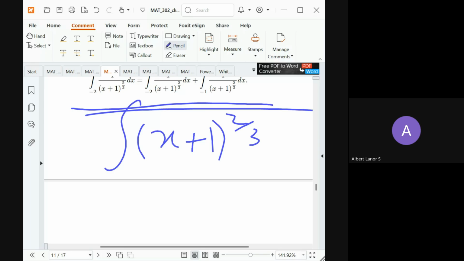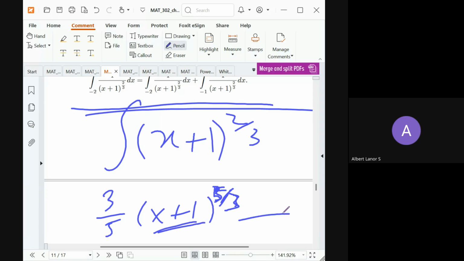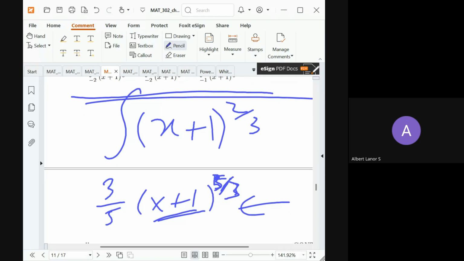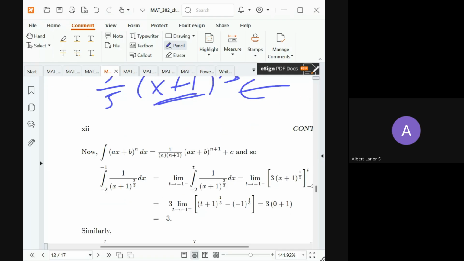You have 5 over 3, which will be 3 over 5, x plus 1 to the power 5 over 3. This is from the generalized power rule: you add 1 to it and divide by the new power, and when you differentiate this, you get 1. So the integral of this function is 3 over 5 (x plus 1) to the power 5 over 3.